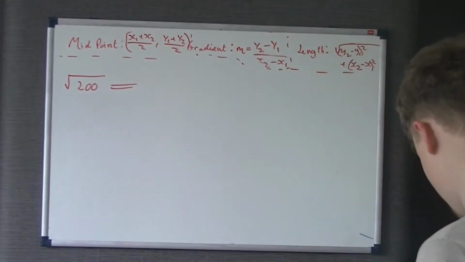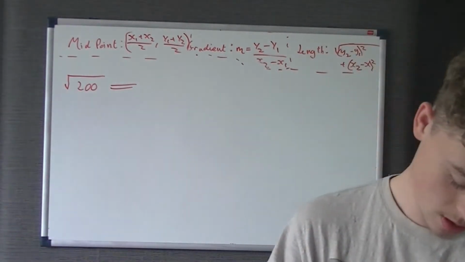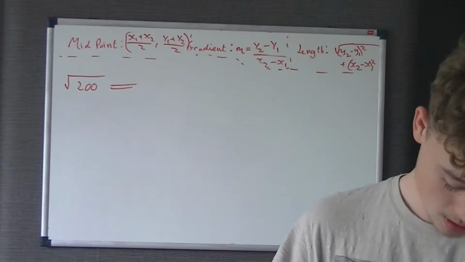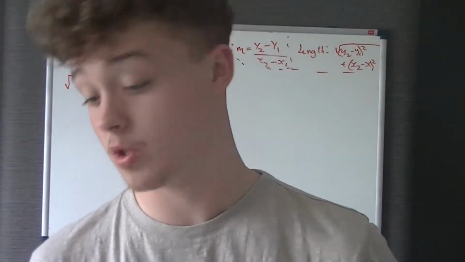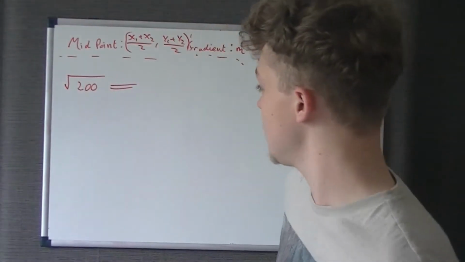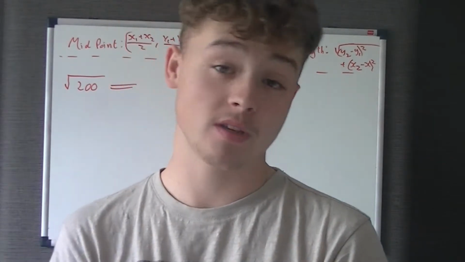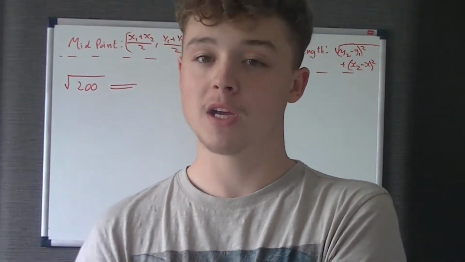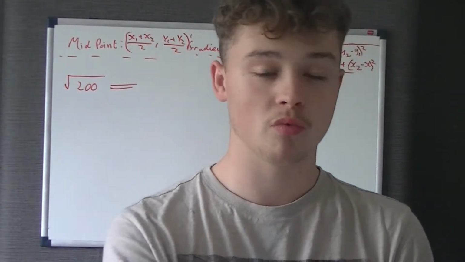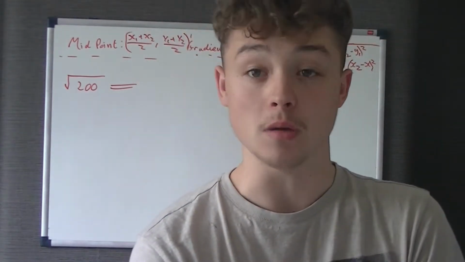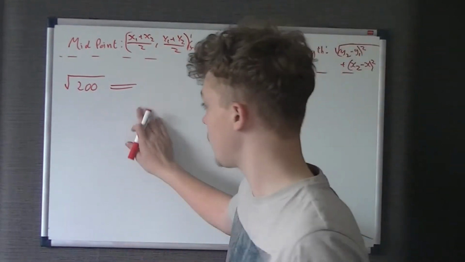Let's see what my calculator says when I put in root 200. I'm sure it won't say that. Yeah, it says 10 root 2, which we did before. And the reason it doesn't say root 25 times root 4 is purely because root 25 is 5, and root 4 is 2, so it just gives us these two numbers, which isn't accurate for this.